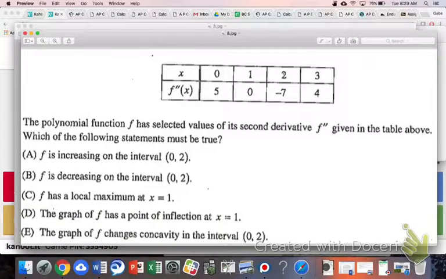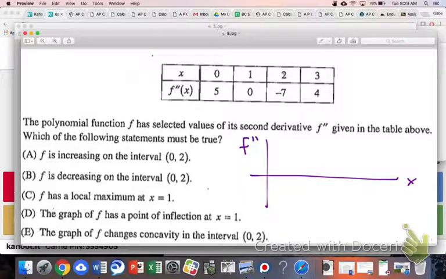Hey, let's take a second and talk about this one. Obviously, this was not as good as some of the others. So it might be helpful to take a table like this and make a really rudimentary graph to help you understand what's going on. I'm going to remember that the y-axis is actually f double prime.